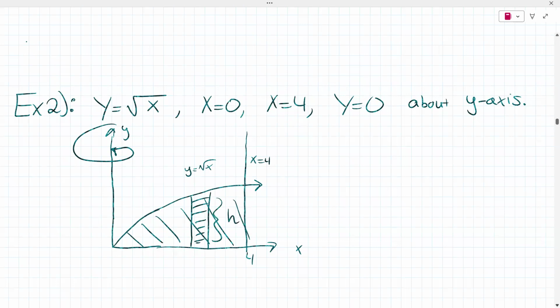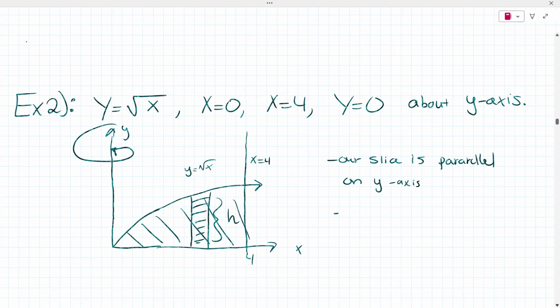And so yeah, let me write this out. Our slice is parallel to the y-axis.